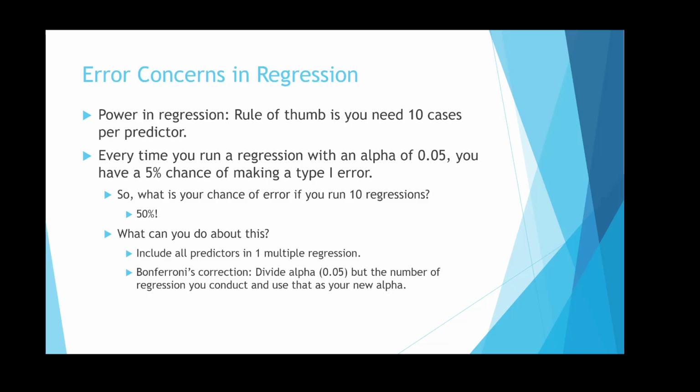Another thing you could do, if for some reason you did do a bunch of simple linear regressions, is something called Bonferroni's correction, where you divide alpha by the number of tests that you did and then use that as alpha. So you'll probably end up with a much, much smaller alpha. Not as many significant findings, but less error.